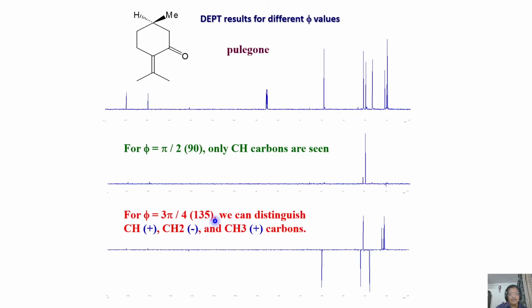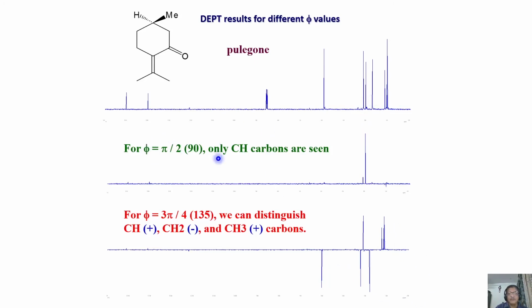DEPT 135: what is happening here? CH2s are negative, and CH and CH3s are positive. So there are 3 carbons here with CH2 protons. You see this one, and somewhere here, this one. These 3 carbons are CH2 carbons.